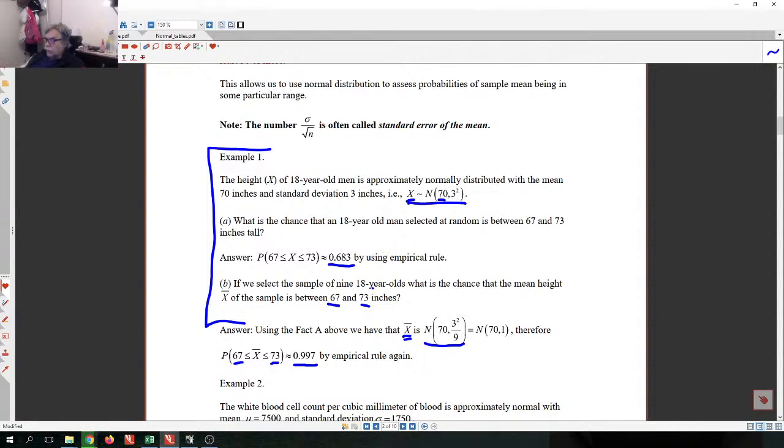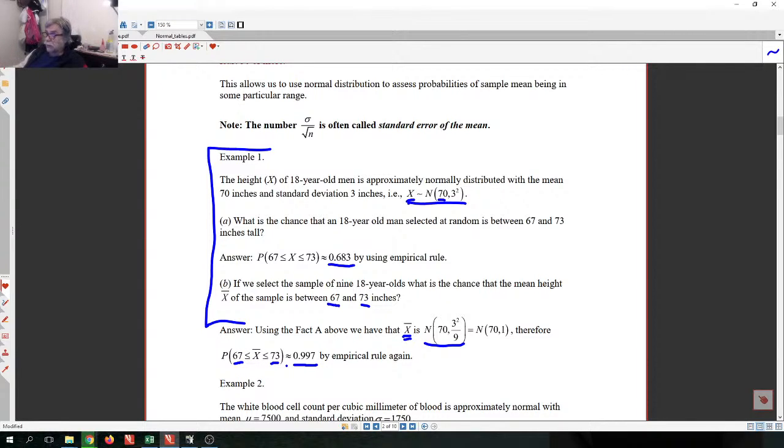And you measure the average height, the chance that that average height is going to be between 67 and 73 is almost 100%. Very rarely are you going to find 9 of them whose average height would not fall in this interval between 67 and 73.